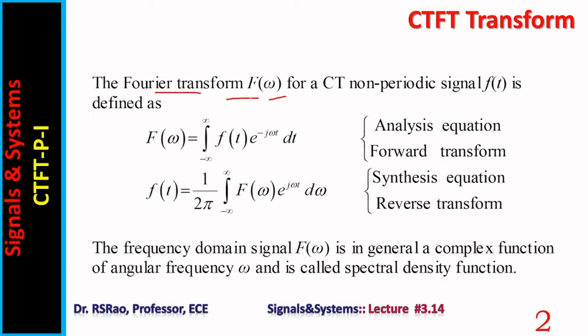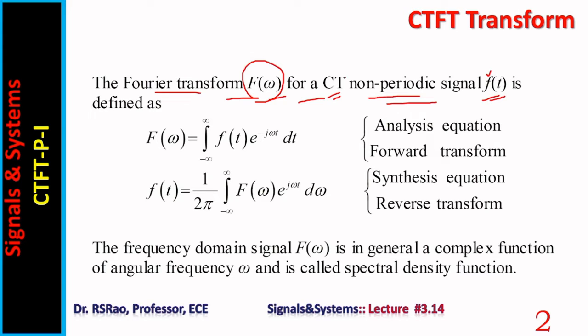The Fourier transform is indicated by F of omega, for a continuous time, non-periodic signal f of t. Small f indicates that it is in time domain. Capital F indicates that it is in frequency domain.